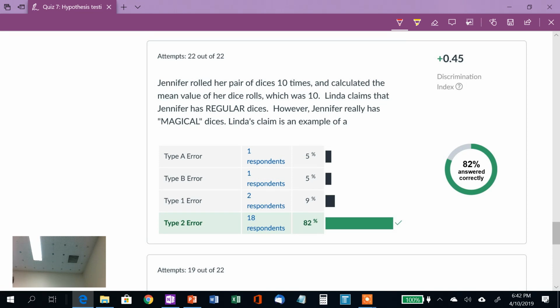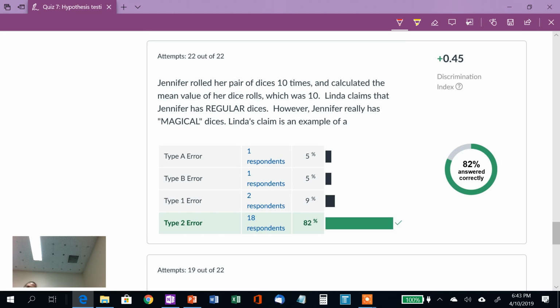So type 2 is basically, if you want to see it another way, like declaring somebody innocent, but that person is really guilty. That's another way of seeing it too. Or making the claim that there is no statistically significant difference, but in reality there is. That's the definition.